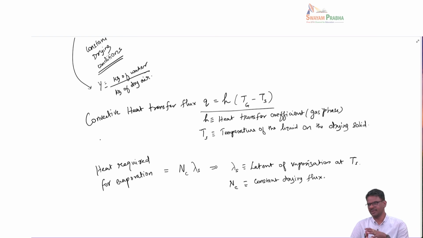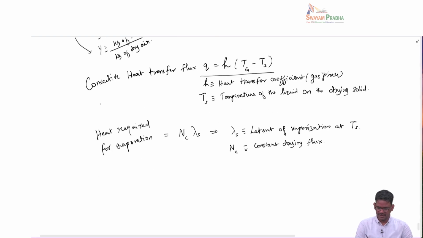Whatever heat is supplied to the solid, the liquid on the solid basically absorbs it, and an equivalent amount of water is now evaporated. Okay, so you can imagine there could be a steady state where the incoming heat is used for evaporation. Now I can match these two heat fluxes.